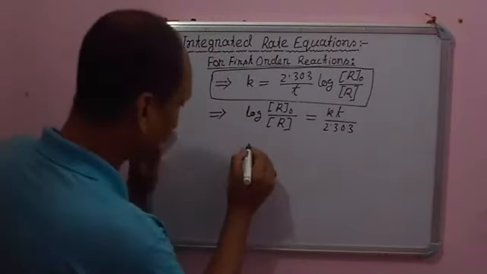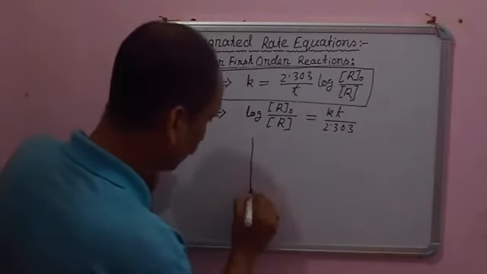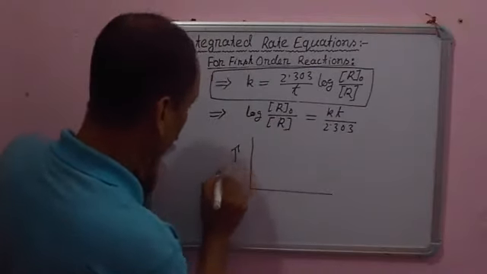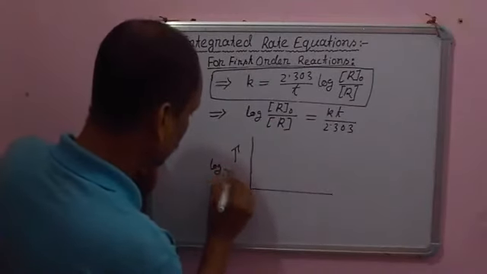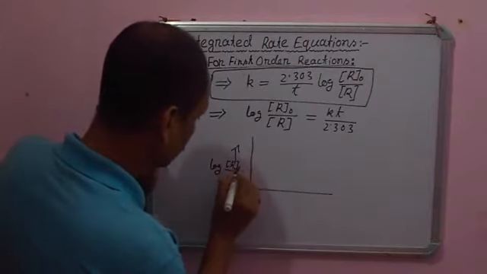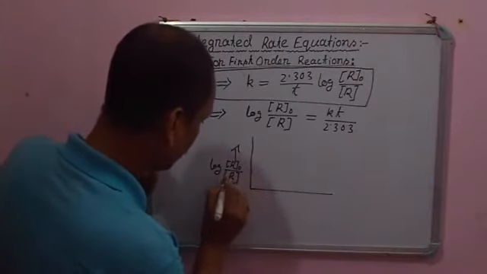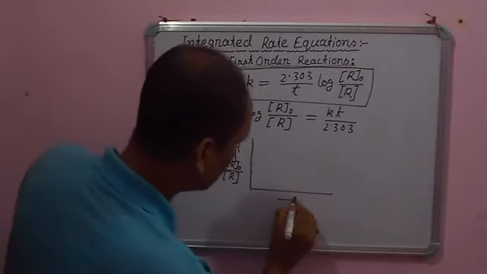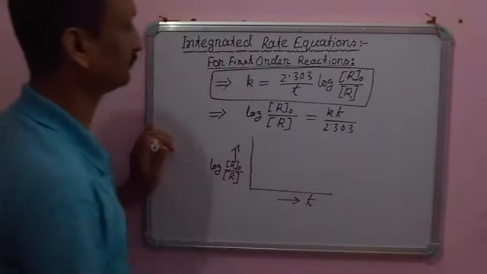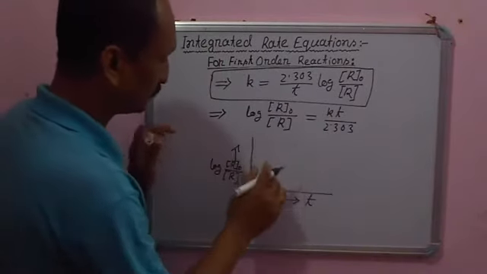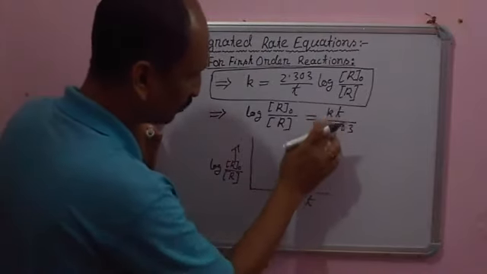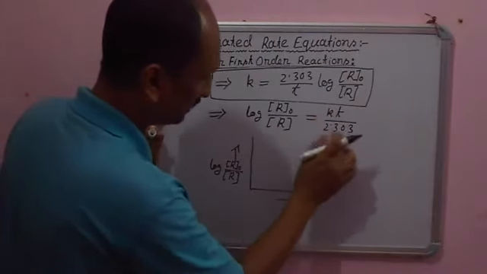So the plot will be like this. If we plot log of R naught by R versus time t, then this will give a straight line with positive slope equal to k by 2.303.